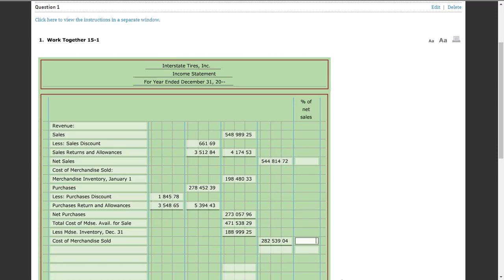This is my $2. This is my 75 cents for my pen. The next heading is my gross profit on sales. And how did you find that out in my pen example? Subtract it. So that's what we're going to do. We take our total sales, subtract my total cost of merchandise sold, and that's going to give me my gross profit.